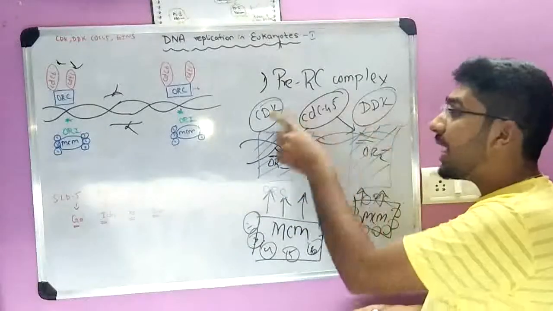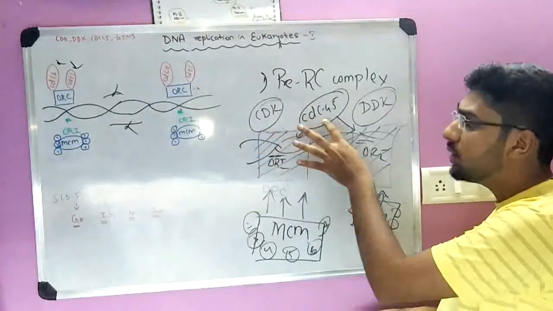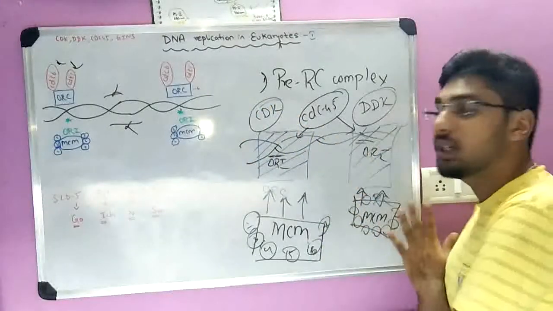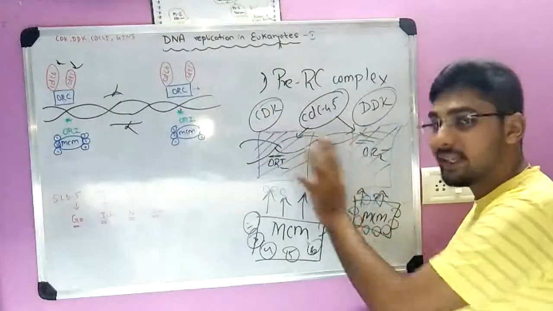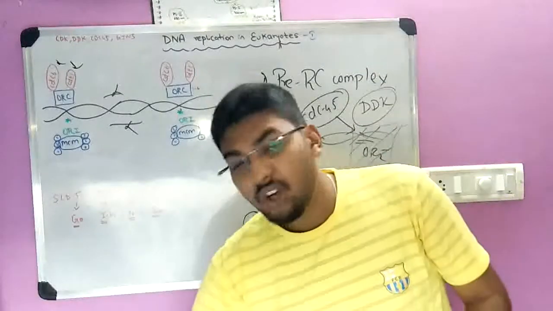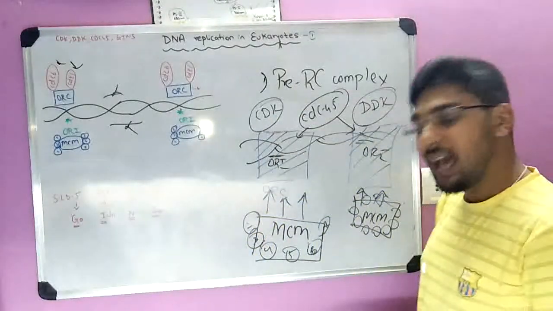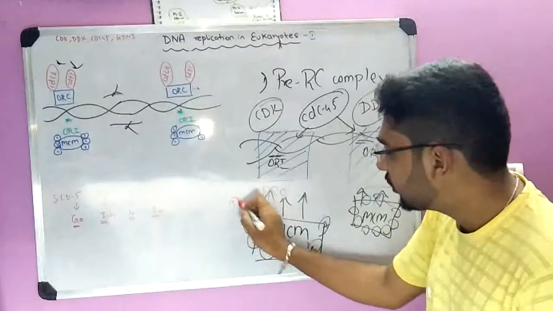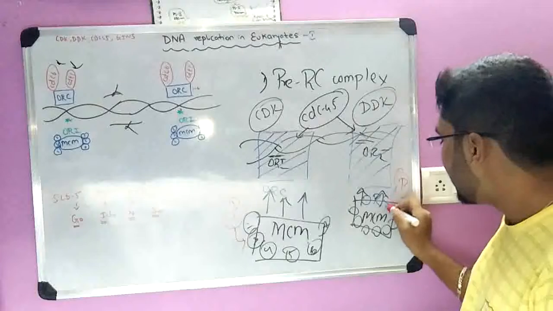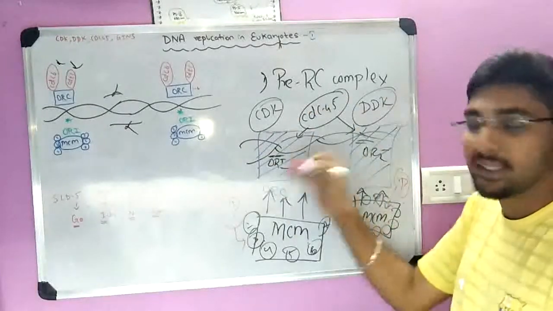So these are two kinase enzymes, and a protein called CDC45 comes and attaches over here. I'll show you the function of these two kinases. Kinases phosphorylate this MCM. Phosphorylate in the sense they add a phosphate group to this MCM protein or to this complex.